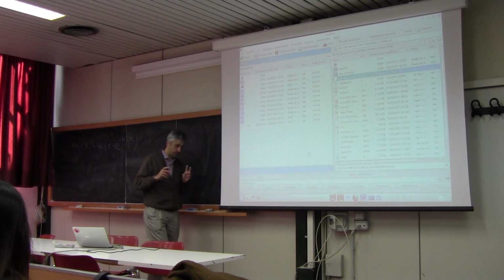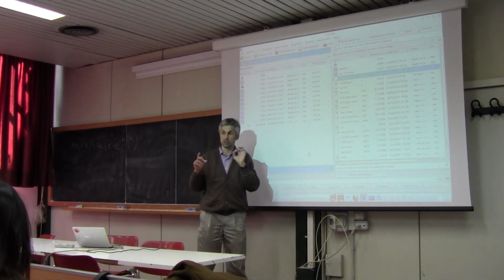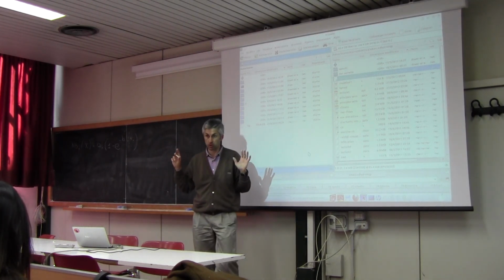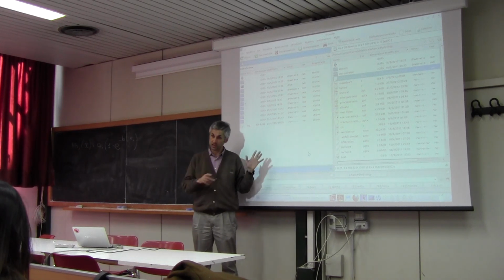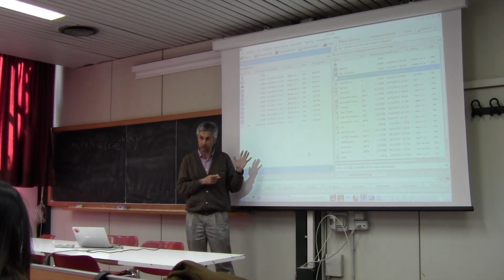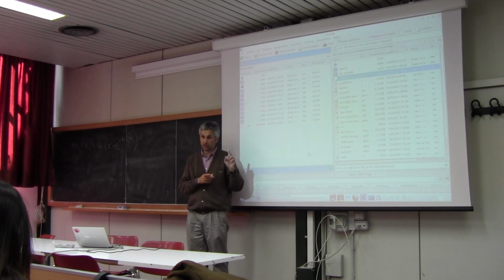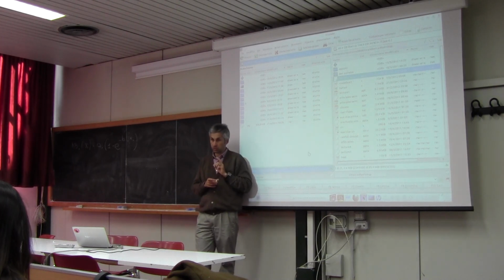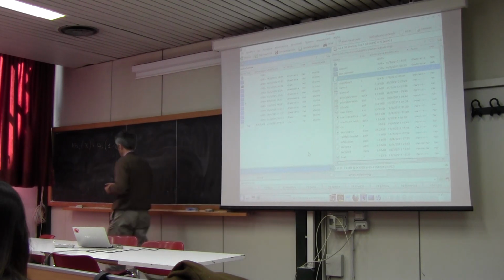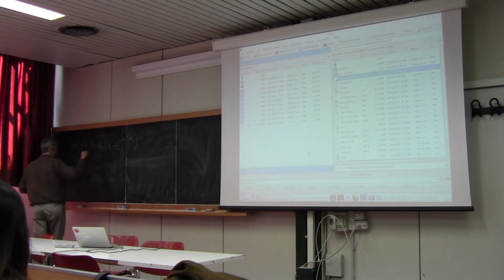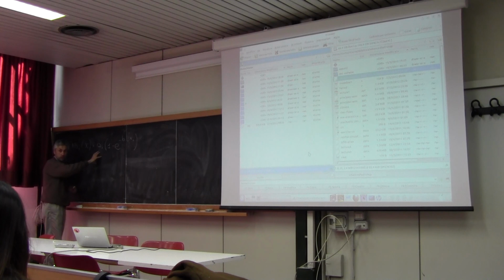Now, what can we do when the parameters of our objective function are uncertain? Basically, there are two obvious options in order to still use the techniques that we have considered so far. The first option is to use the expected values. If you don't know exactly A, you take the mean and you work with the mean.